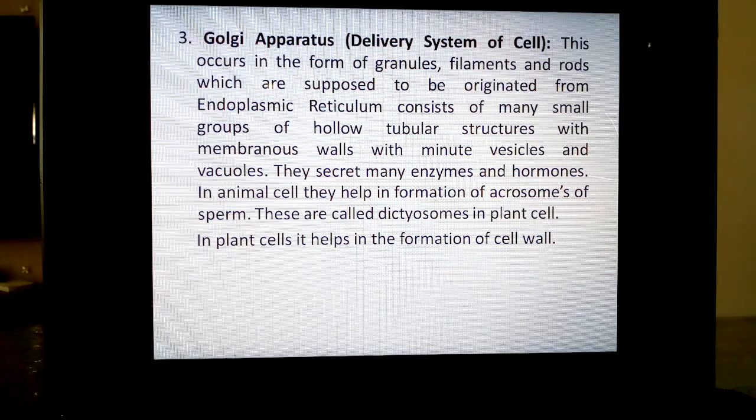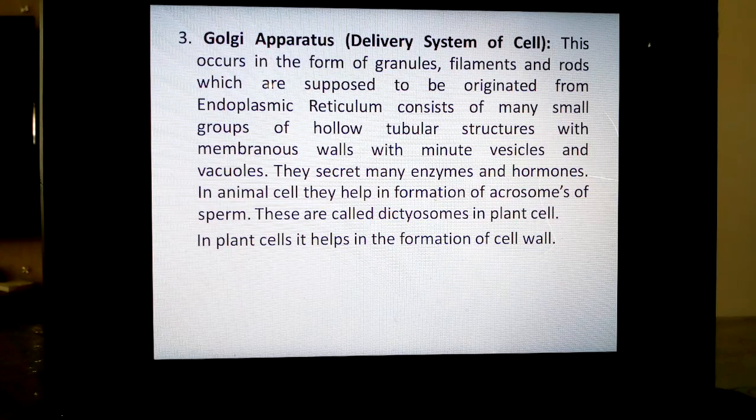Vesicles means vessel-like structures, and vacuoles means empty spaces. They secrete many enzymes and hormones. In animal cells, they help in the formation of acrosome, a head-like structure. Sperm is a cell, a male sex cell.